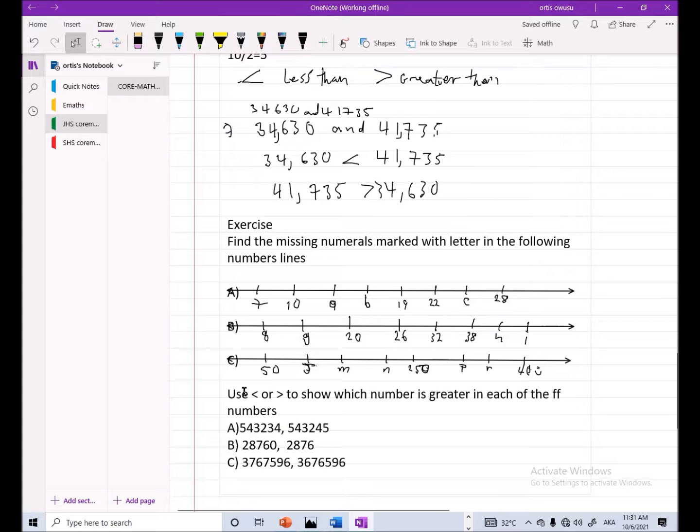I'll be wondering who is going to get the C. My interest is in the C. So I'm just waiting. Just follow whatever we've taught you. It's not easy. Just look at it, fill them, and let us have the solutions. We are waiting for the results on our platforms.